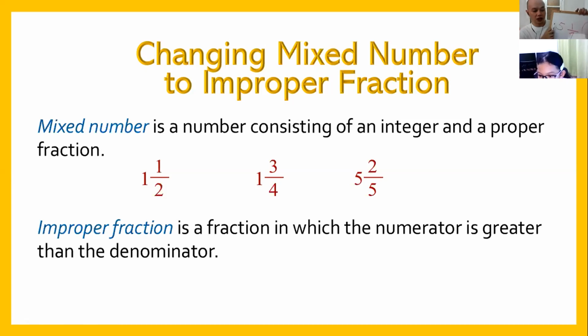But when the fraction has a numerator greater than the denominator, that is what we call an improper fraction. If you see the example here, 5/2, the numerator is greater than the denominator. That is an improper fraction. Remember that a mixed number yields an improper fraction.